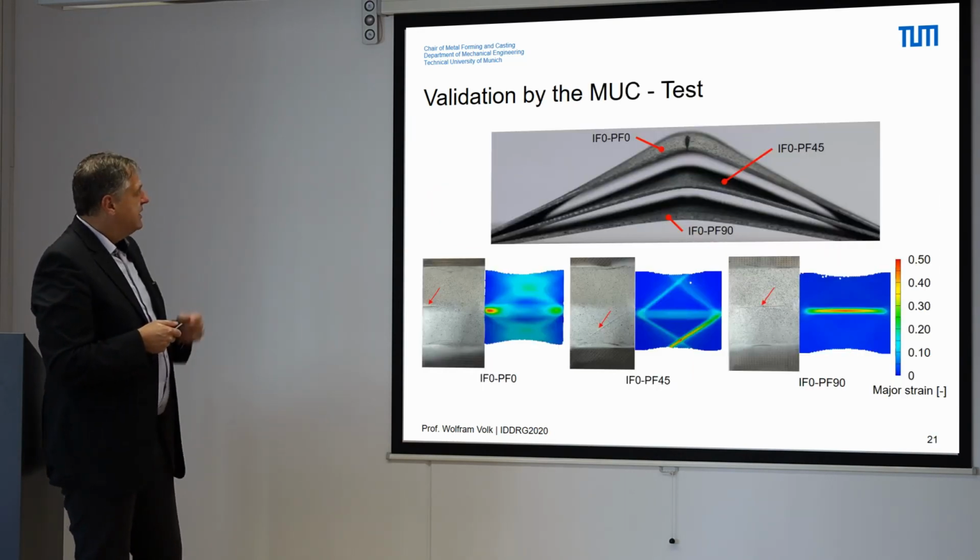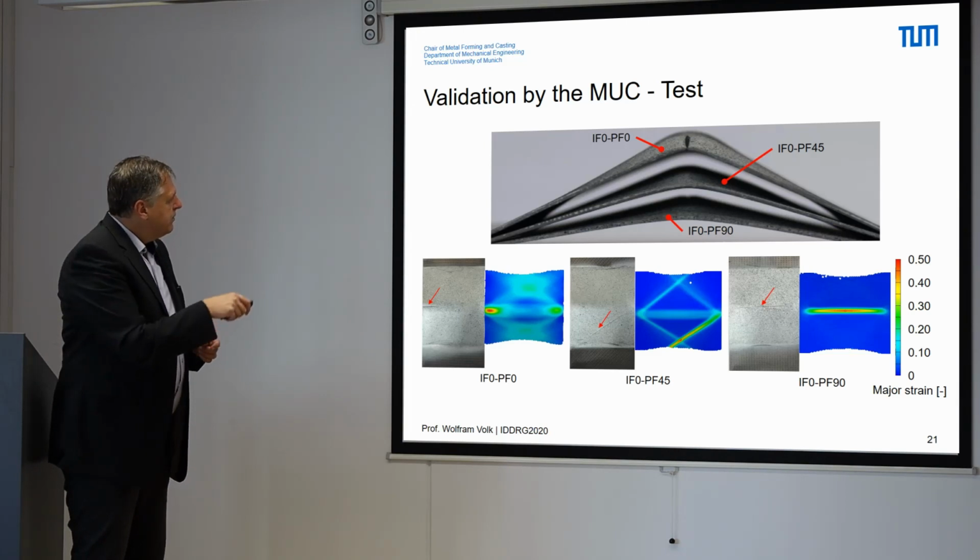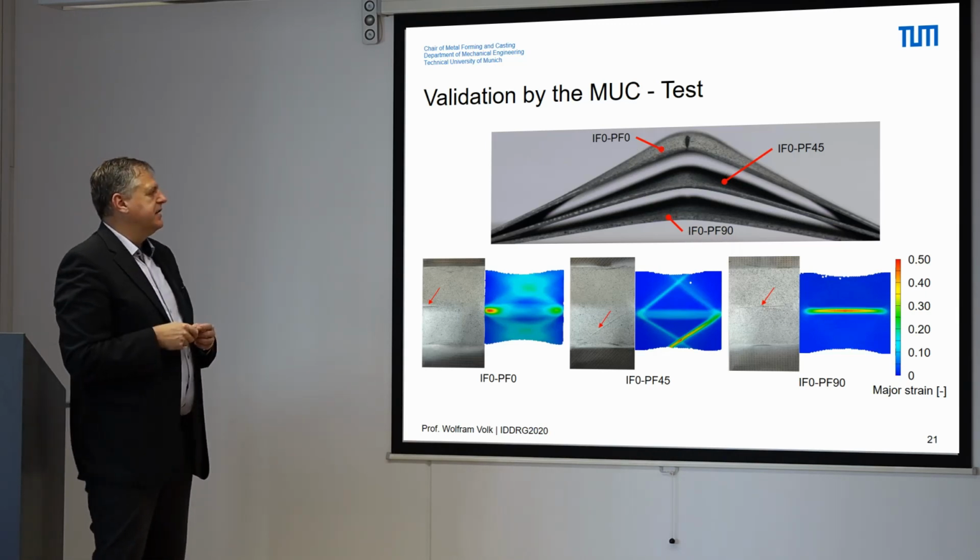And now you see here the tests which were done with this new shape. We have done the combinations: initial forming 0 with post forming 0, post forming 45, and post forming 90 degrees.